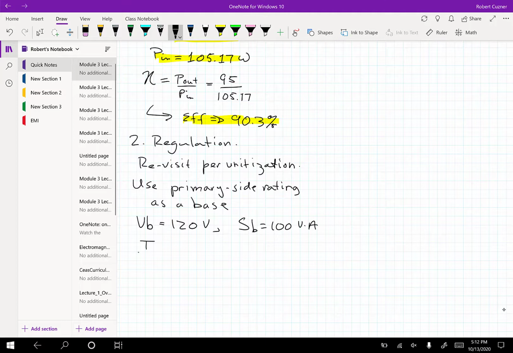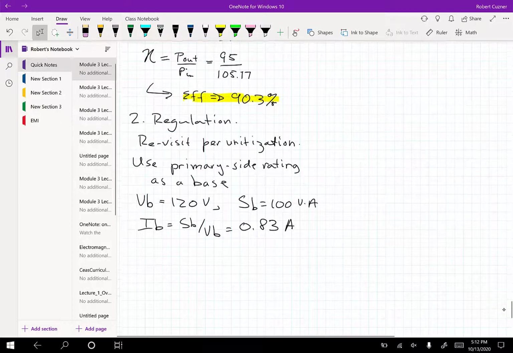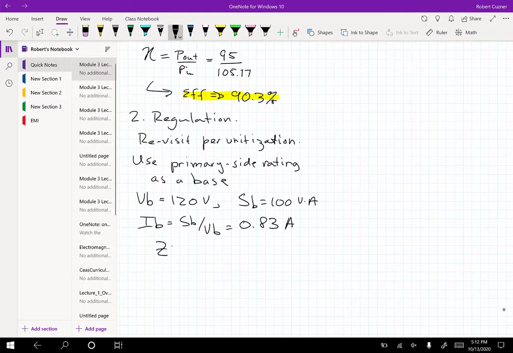And we can find I base. It's going to be S base divided by V base. That ends up being 0.83 amperes. And we can find a Z base, which will be V base divided by I base.